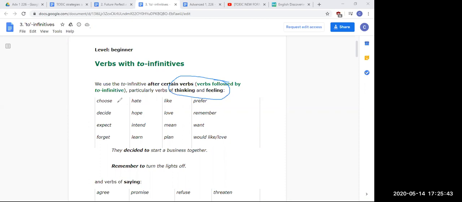So when we use these verbs and we want to follow them with an action, we would always use a "to." So they chose to go on holiday. They decided to buy a car.